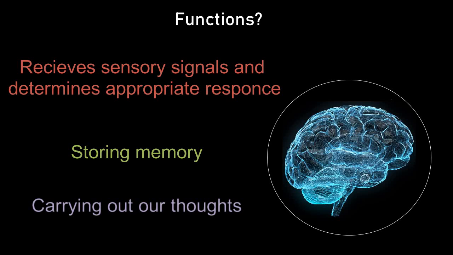The brain is responsible for receiving sensory signals, so sensory information, and coming up with a response to that signal. So, for example, say that we've touched something very hot, and then the brain comes up with a response to take your hand off of it.